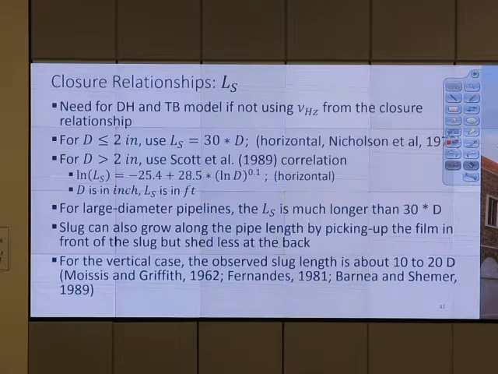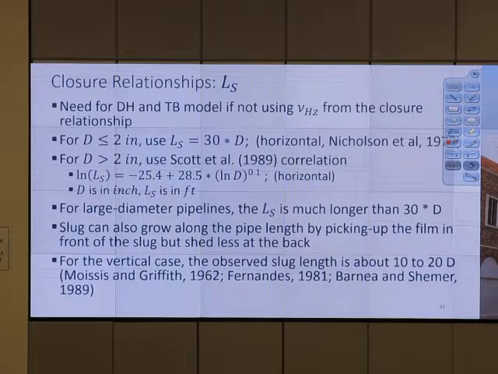Okay, next step. First of all, the Dukler-Hubbard model requires two additional unknowns or closure relationships. What are those closure relationships for? Dukler-Hubbard. Don't know, right? We need the liquid slug holdup, correct?